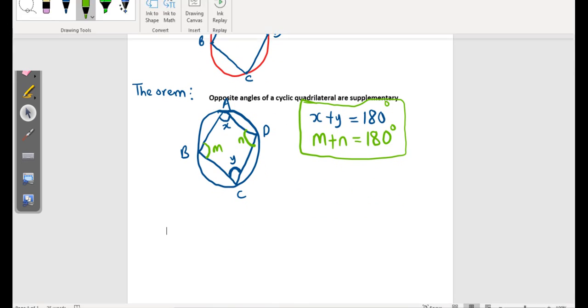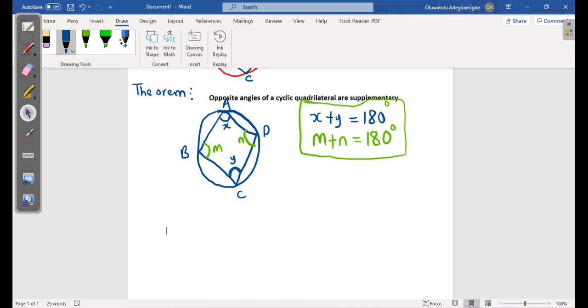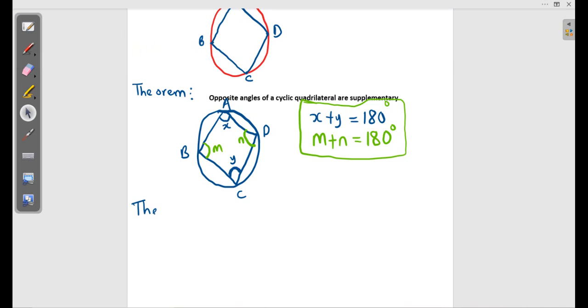The second theorem says that the exterior angle of a cyclic quadrilateral is equal to the interior opposite angle.